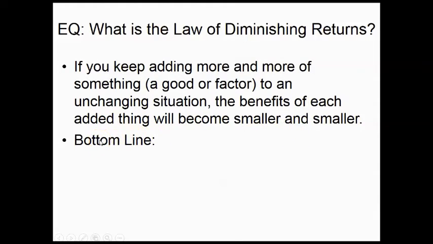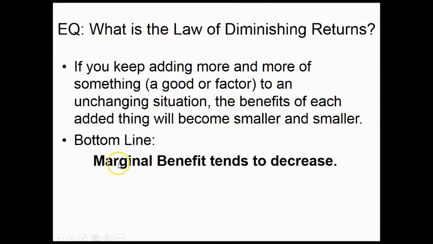So the bottom line with the law of diminishing returns is that marginal benefit tends to decrease. So just remember throughout the whole class that marginal benefit tends to get smaller and smaller the more that you consume, okay?